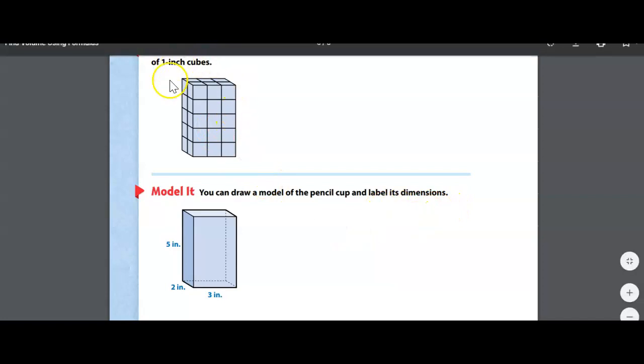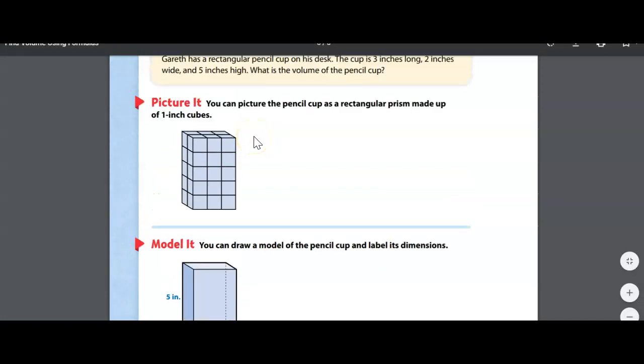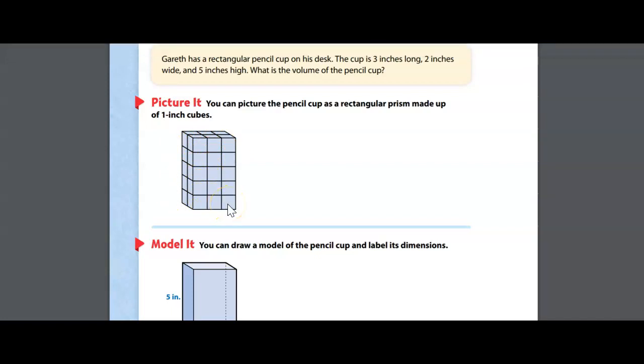So if we're going to picture it by using the 1-inch cubes, we could simply calculate by looking at the number of layers, which we have is 1, 2, 3, 4, 5. I see that there are 5 layers, and I can multiply it by what? Let me think. Ooh, I know.